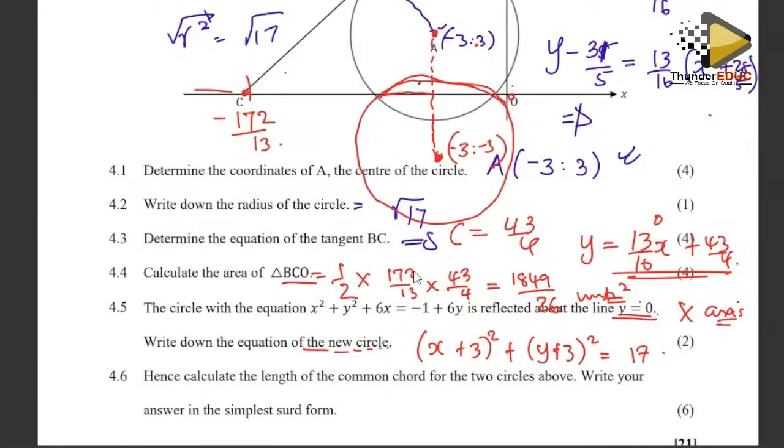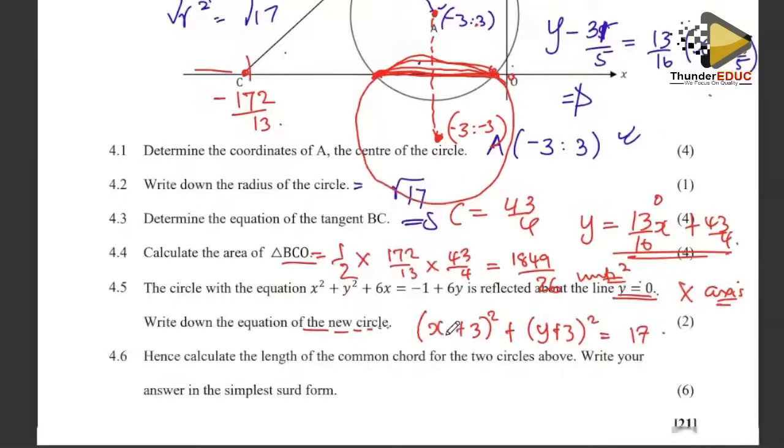So the common chord, this one, is what they're asking for, the line that connects the two meeting points. So you need to equate the two equations and solve them simultaneously because that chord is along the x-axis. Okay, sorry, yeah, along the x-axis where y is 0.